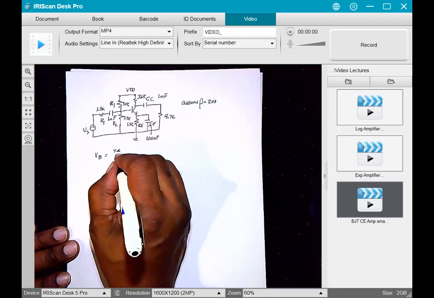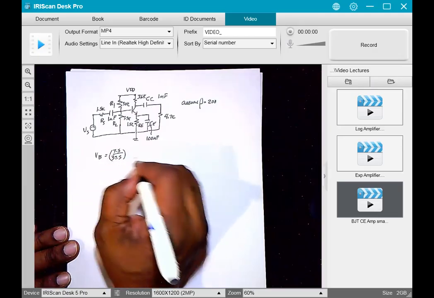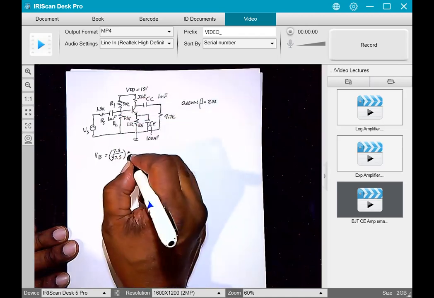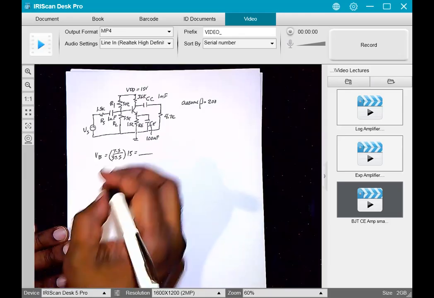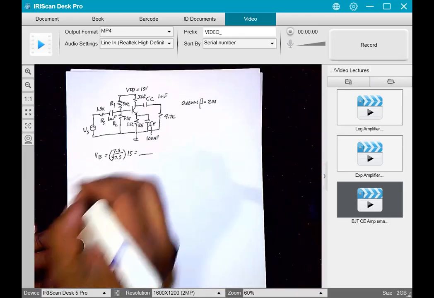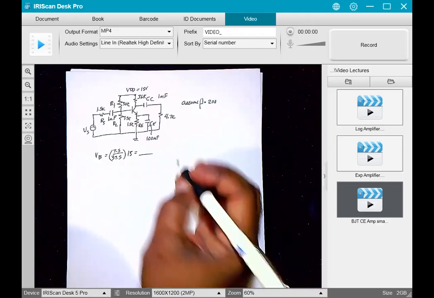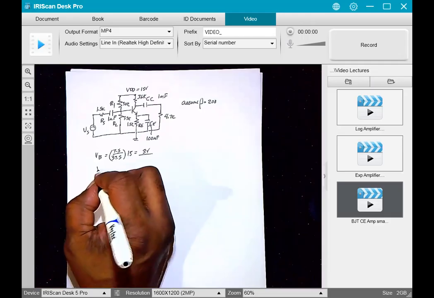It's going to be 7.5 over 37.5, and our supply voltage is 15 volts. That's 3 volts. I like that.